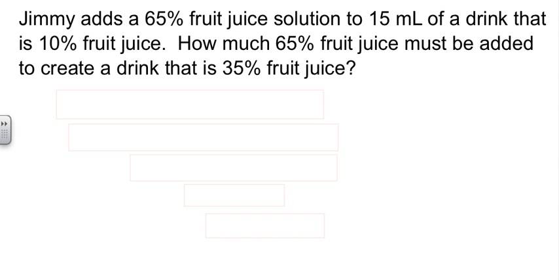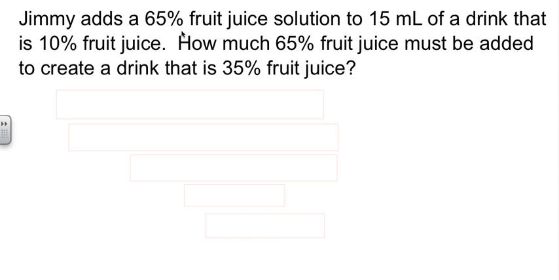Okay. We have a 65% fruit juice solution that we're going to add in to something that had 10%. Now, we want to know how much of the 65% we need to bring that, what used to be 10%, up to 35%. It sounds a lot more complicated than it really is.